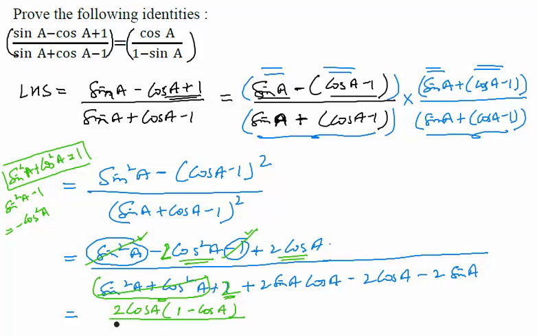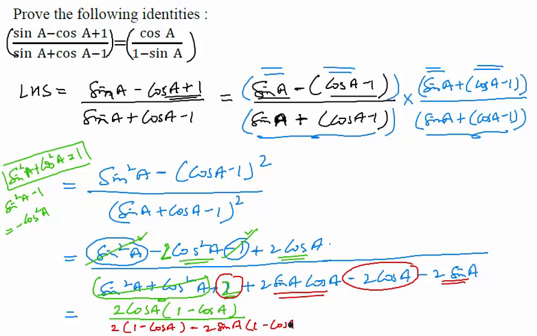And what happens in the denominator? In the denominator, I will have to factorize very carefully. Let us take the terms 2 and minus 2 cos A. If I take 2 common from this, I will get 2 into (1 minus cos A). And if I take these two terms, 2 sin A common, or even better, minus 2 sin A common, I will be left with 1 minus cos A again inside the bracket.